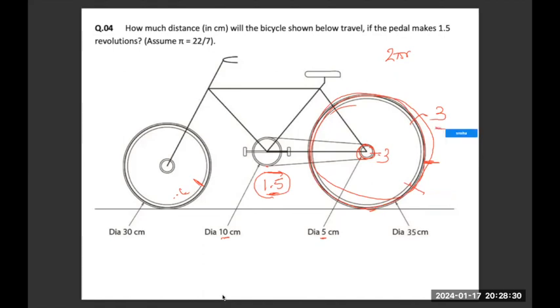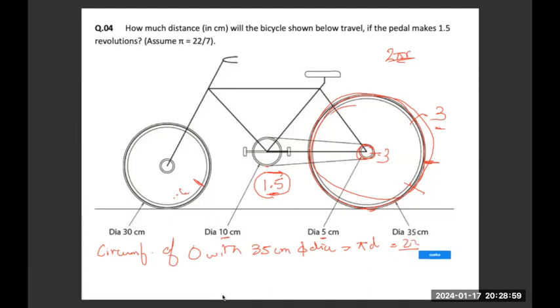In one rotation, I'll first find out how much distance the back wheel covers, using the 2 pi r formula. So circumference of circle with 35 centimeter diameter will be equal to pi d, 22 by 7 multiplied by 35.